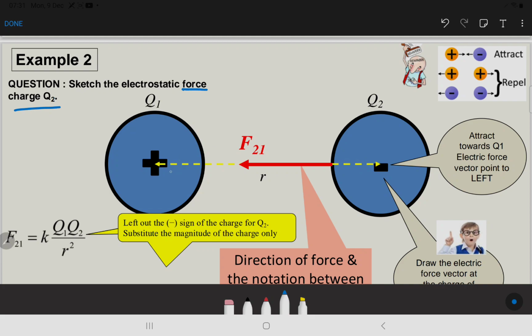Since Q1 is positive, opposite, it will attract. That means Q2 will move toward Q1 over here. So the force acting on charge 2 by charge 1, that means on 2 by 1.